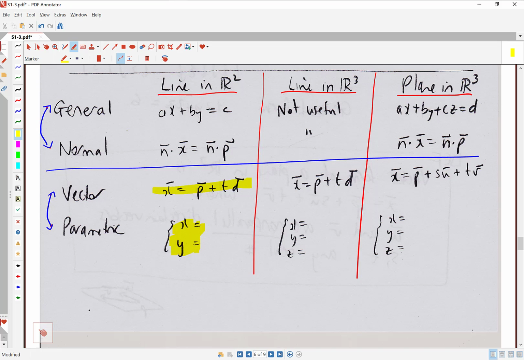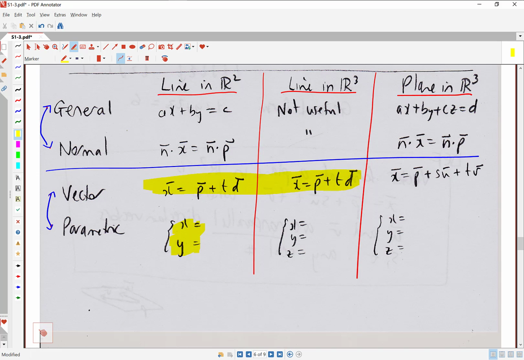Okay, now let's jump over to lines in R3. If you're talking about the vector form of a line in R3, it's really the exact same equation. The only difference is that these vectors are going to have 3 components instead of 2. So I would make a connection here and say, okay, vector form for a line, it's really the same equation, whether we're in R2 or R3, just a different number of components.